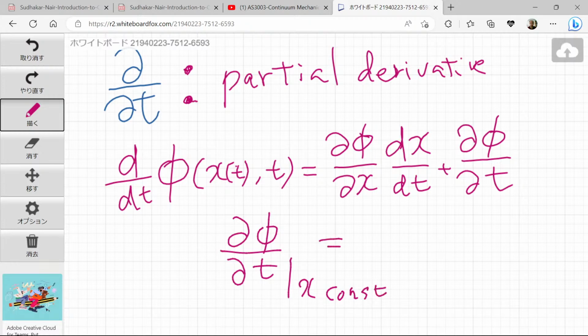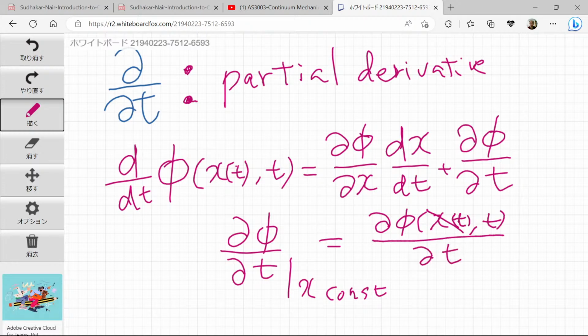That means you can ignore this x. x is actually a function of t, but you just ignore the x part and take the derivative with respect to t. So this is the partial derivative.